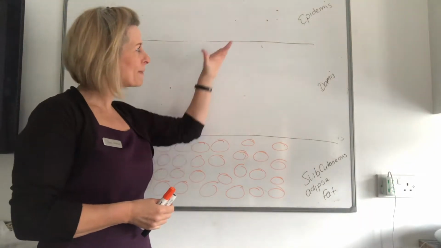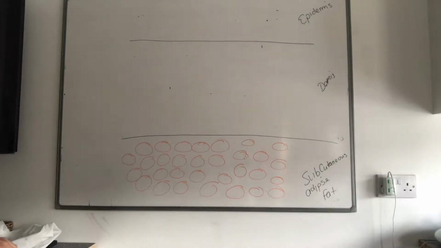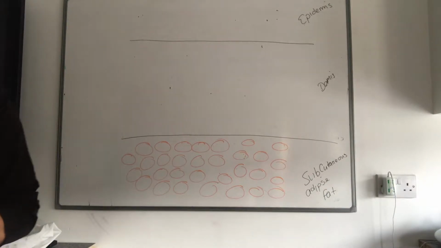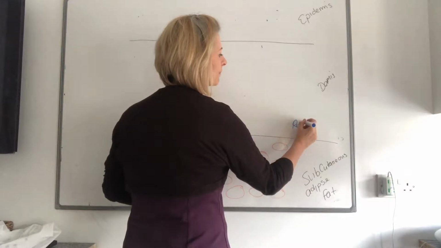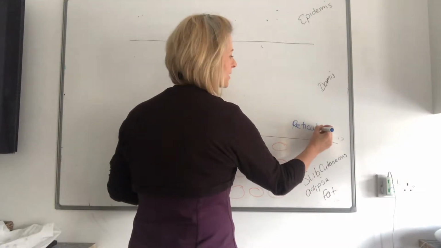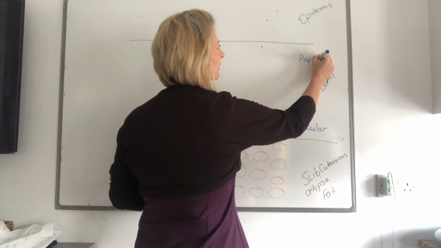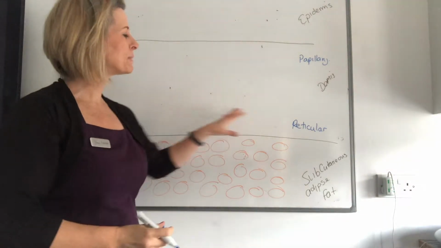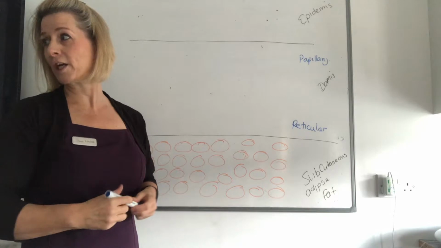How many layers or regions are there in the dermis? Can you remember the name of the 2 regions? Reticular. Papillary. Well done. Reticular and papillary. And what type of tissue is this, particularly in the reticular area? You mentioned it earlier.